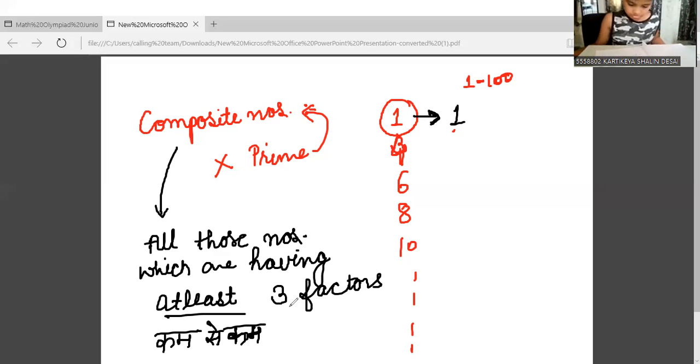Is that fine? Yes. So all those numbers which are having at least 3 factors are called composite numbers.